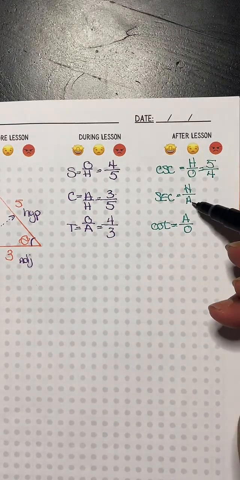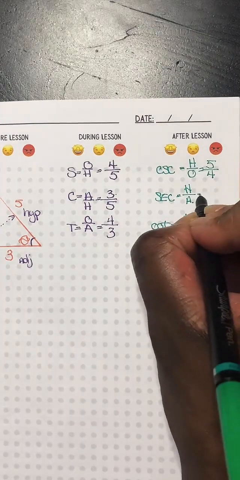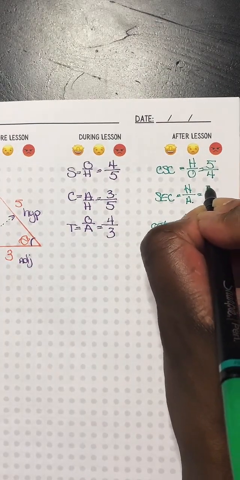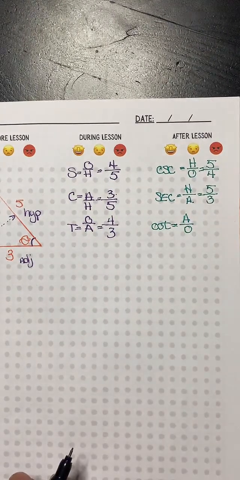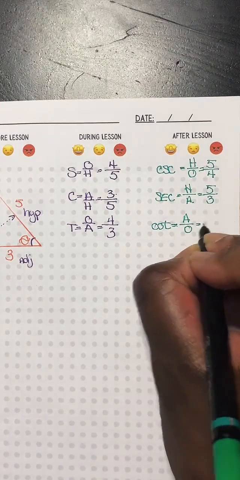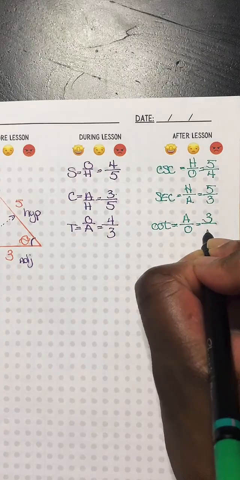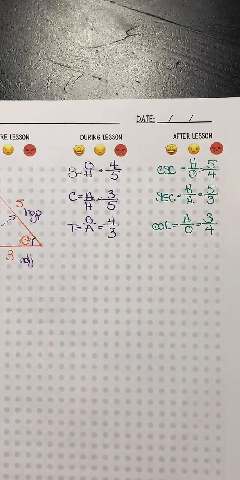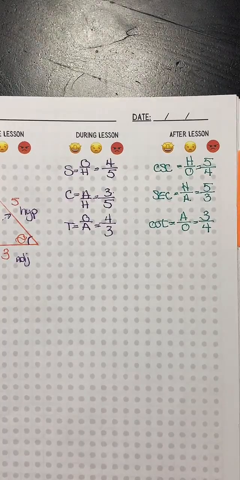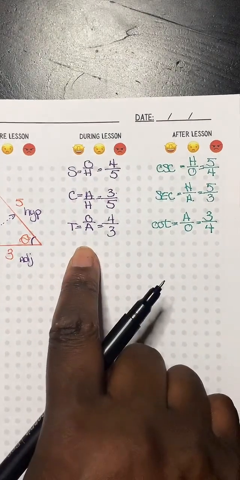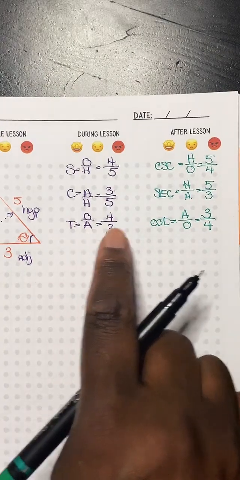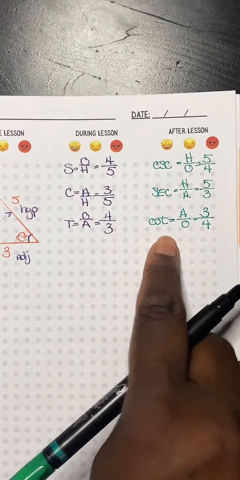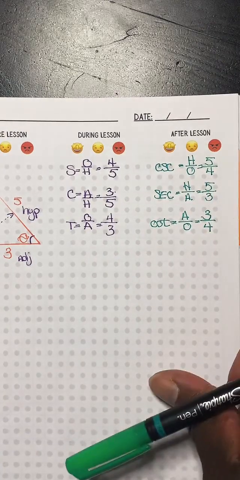If it's a hypotenuse over adjacent, it will be 5 over 3. Good. Yes, 3 over 4. So once you find the original sine, cosine, and tangent, knowing what their inverses are, you're just flipping the ratios around.